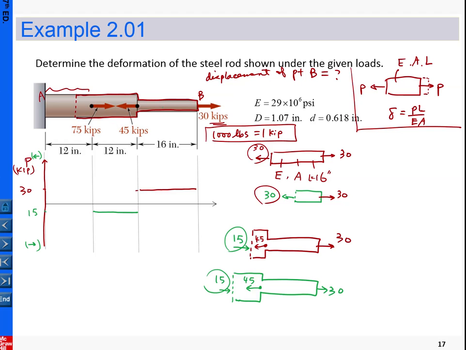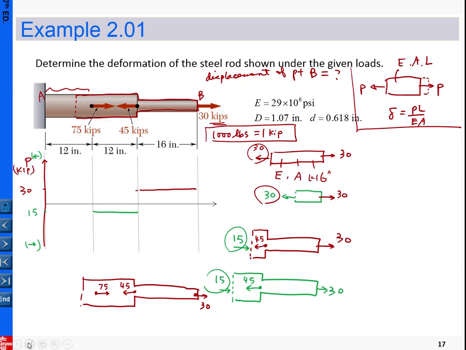My purpose is to determine the direction here. So that is the free body diagram. Right now, this is 30, and this is the 45. In this free body diagram, this load has been included, so that is 75.